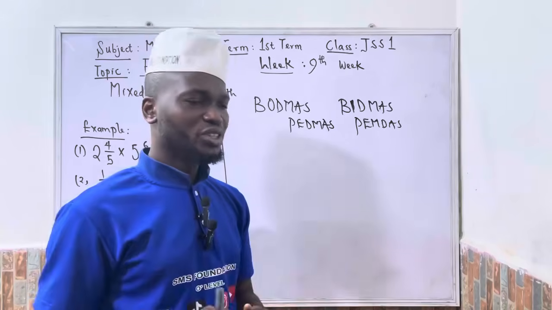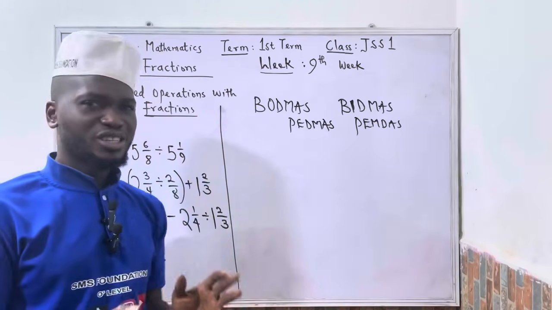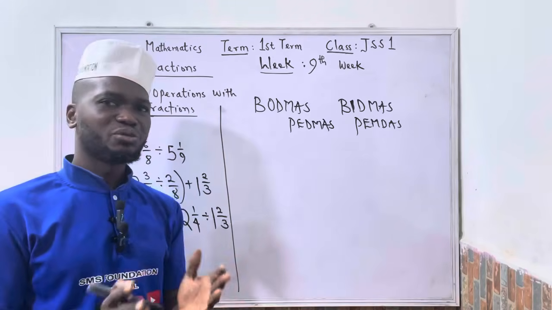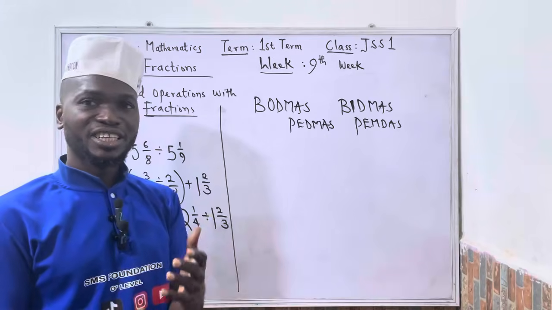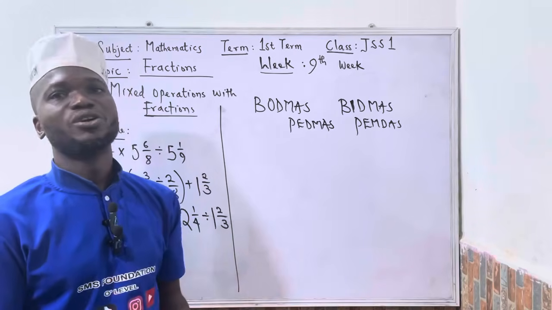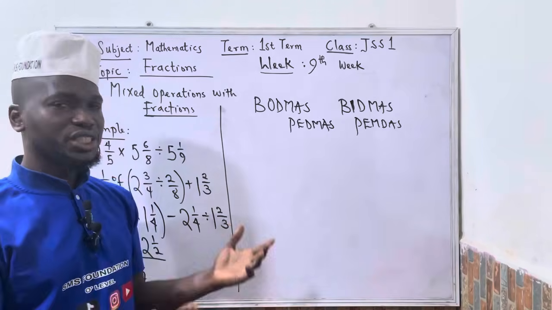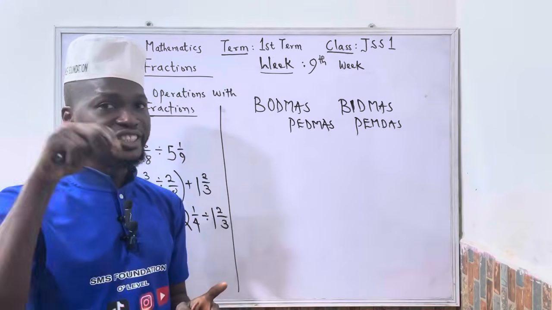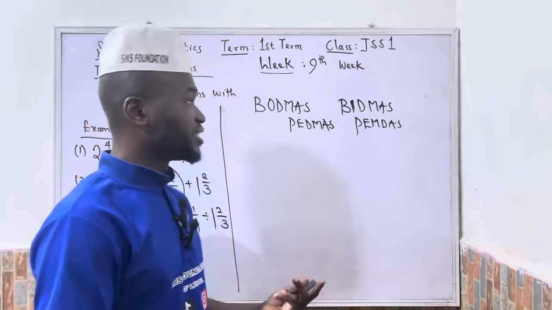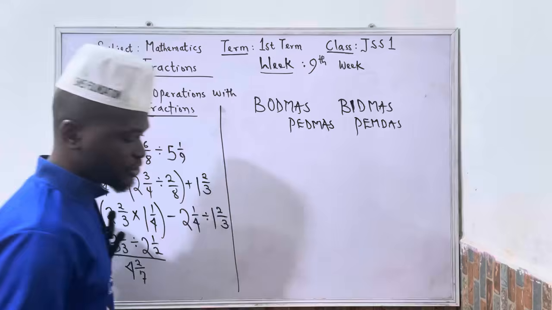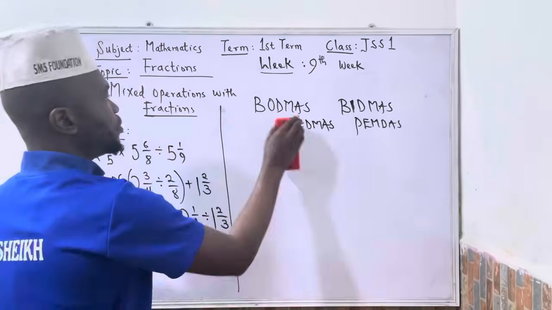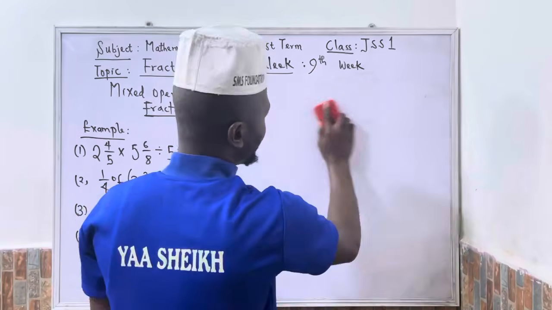I told you in one of my videos that you can switch between multiplication and division. Similarly, addition and subtraction, you can do any one first. So you still get the same answer, provided you did the right thing. Sometimes you might think you are doing the right thing and you are not. So keep your BODMAS rule in your mind.